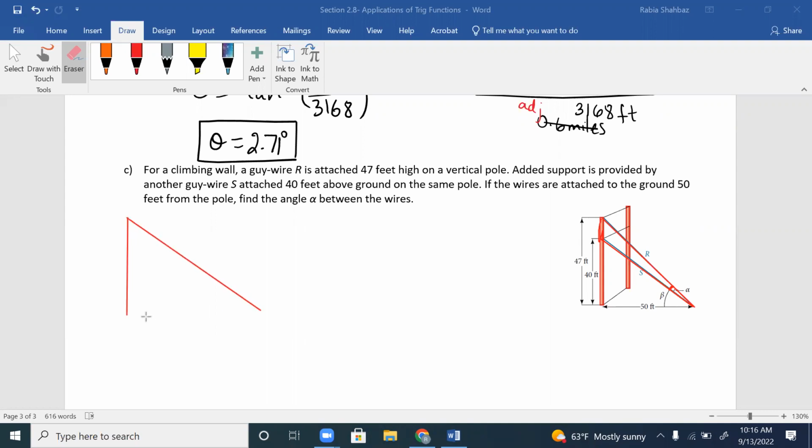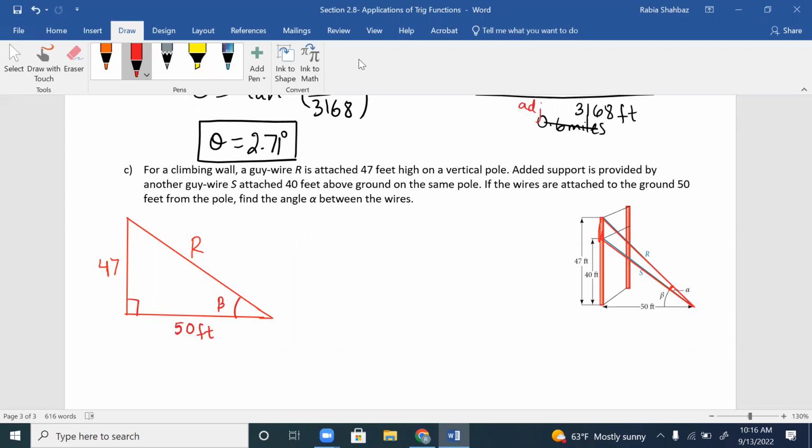One is formed by the wire R. That wire is 47 feet above the ground, and the angle that it is making, we call that angle beta, and this is 50 feet.